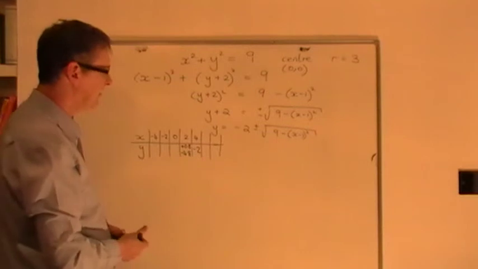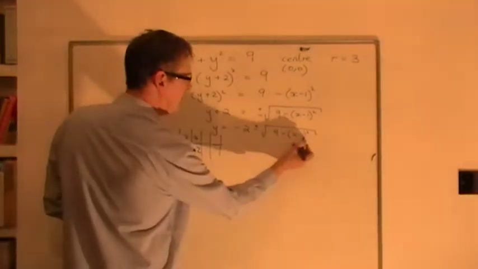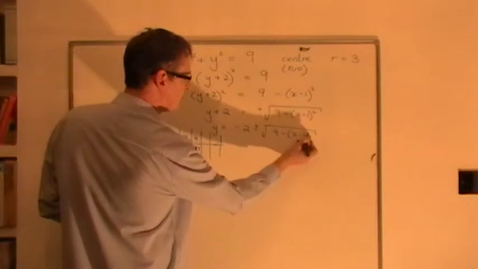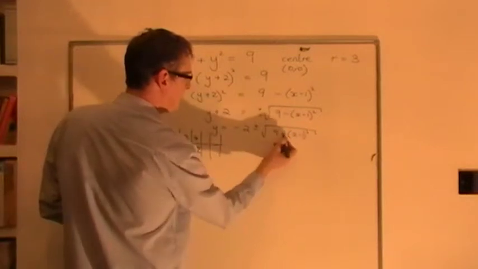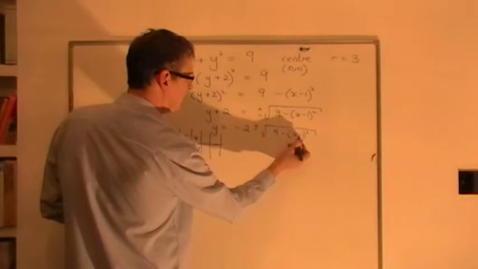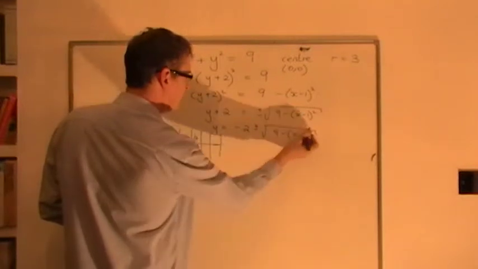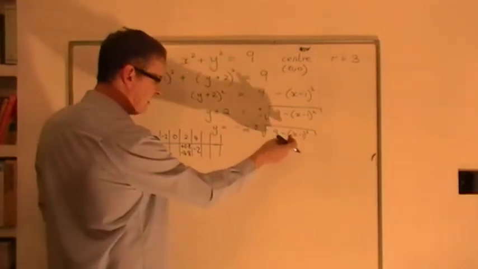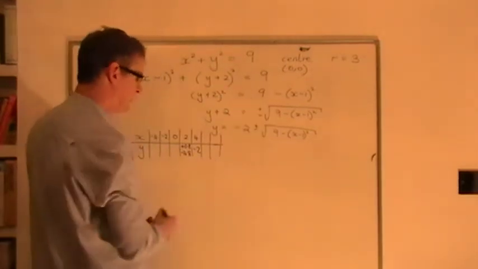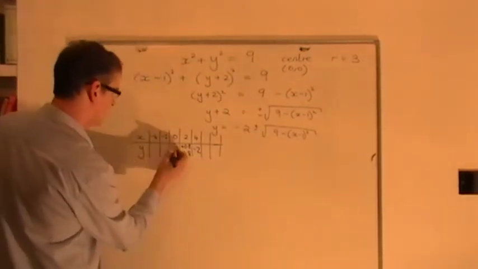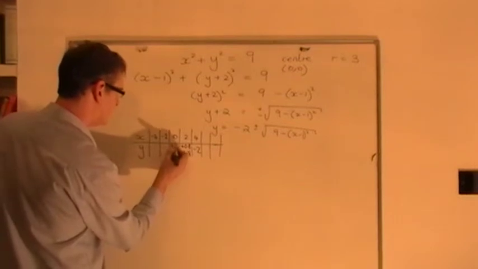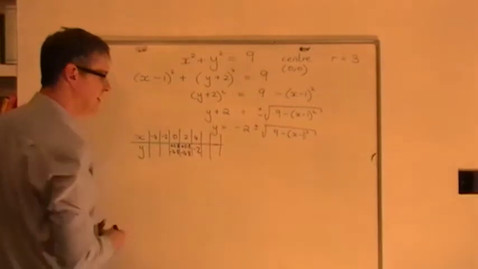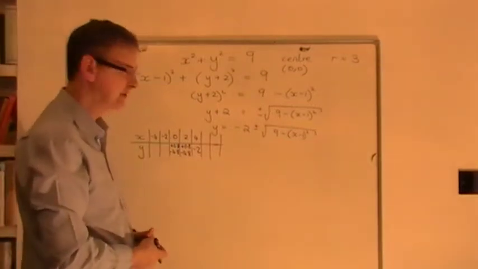Okay, if x is nothing, nothing take 1, minus 1. Square it. You get 1. 9 minus 1. 8. Root of 8. 2.8. You're going to get exactly the same calculation as the last one I've just done. So here I'm going to get plus 0.8, minus 4.8 as the two possible answers.